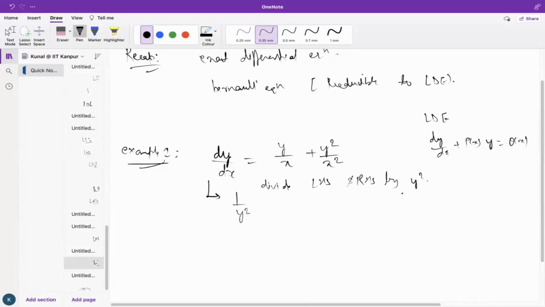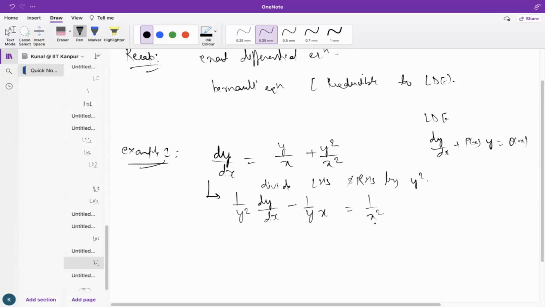So I am dividing the LHS and RHS by y square. We will get 1 by y square dy by dx, and take the other term to the left side as well. We will get minus 1 by y into x is equal to 1 by x square.